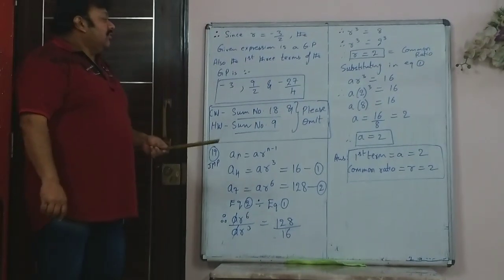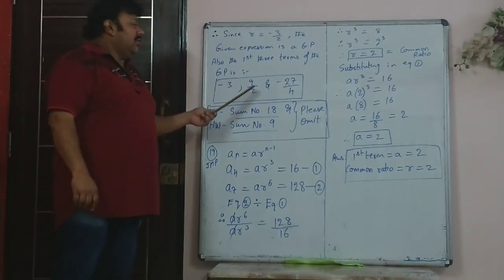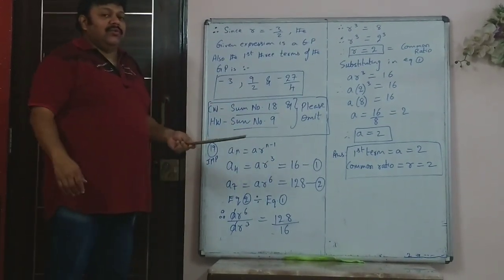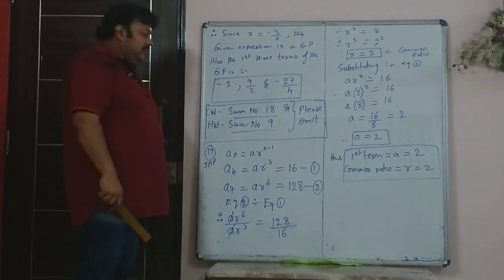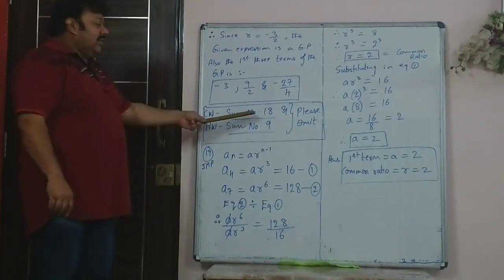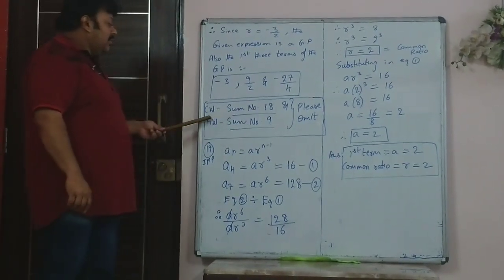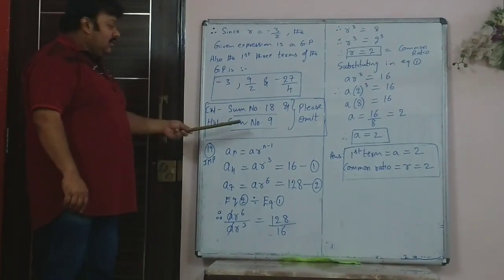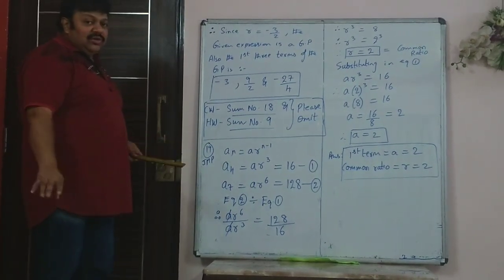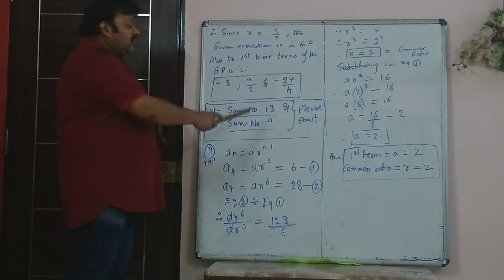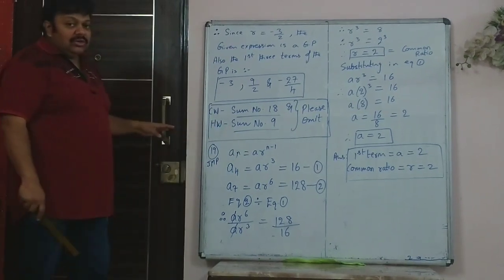And the three terms in GP are minus 3, 9 by 2 and minus 27 by 4 from our solution, A1, A2, A3. So now as I told you, sum number 18 of classwork and sum number 9 of homework of GP, this exercise 1, page 224 and 225, please omit them.